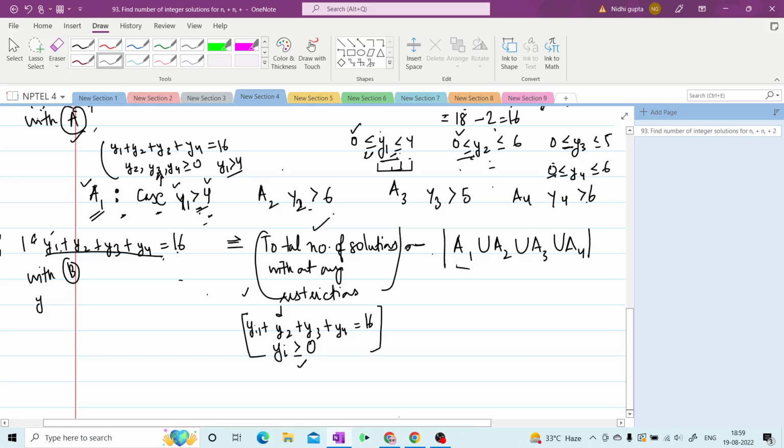The first kind of bad solution is when y1 is exceeding the range, which is 4. Similarly, we should not count any solution where y2 is exceeding 6, so A2 is counting those solutions. A3 is counting the solutions where y3 is exceeding 5, and A4 is counting solutions where y4 is exceeding 6.